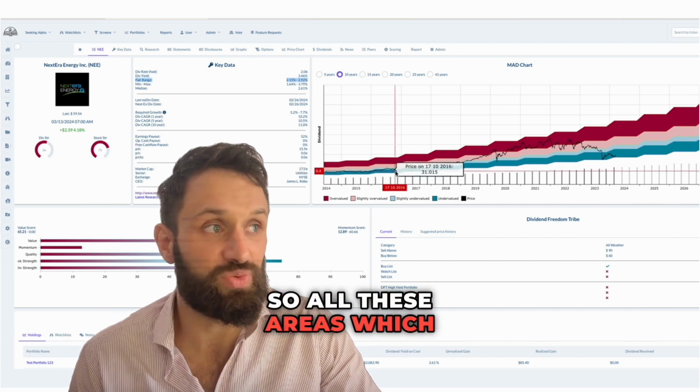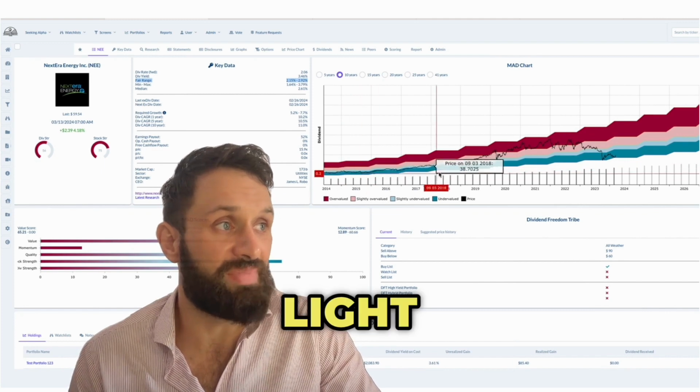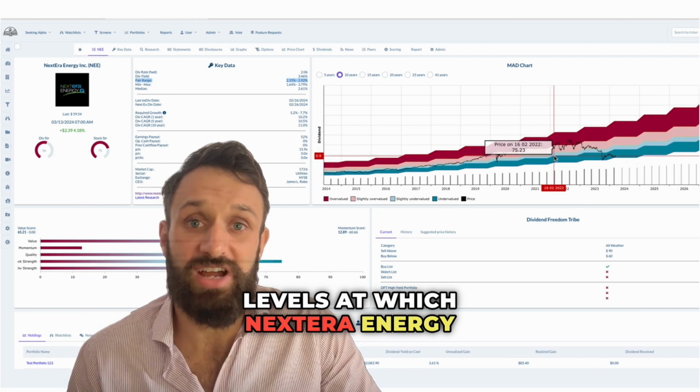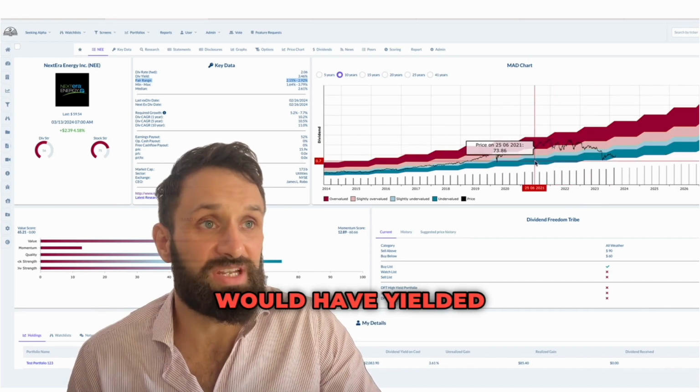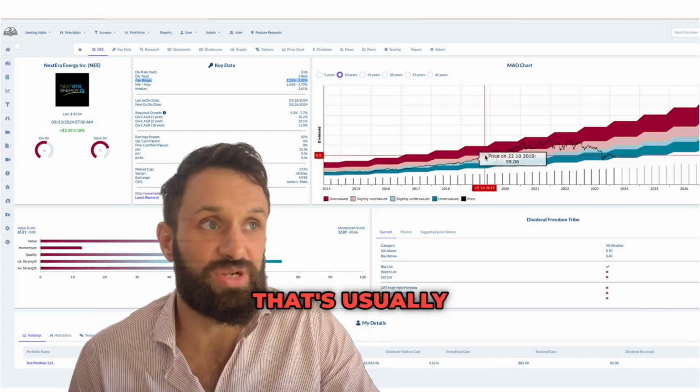So all these areas which you see here on the chart, from the light blue to the light pink, would be the price levels at which NextEra Energy, or NEE, would have yielded between 2.15% and 2.9%. That's usually where it trades.